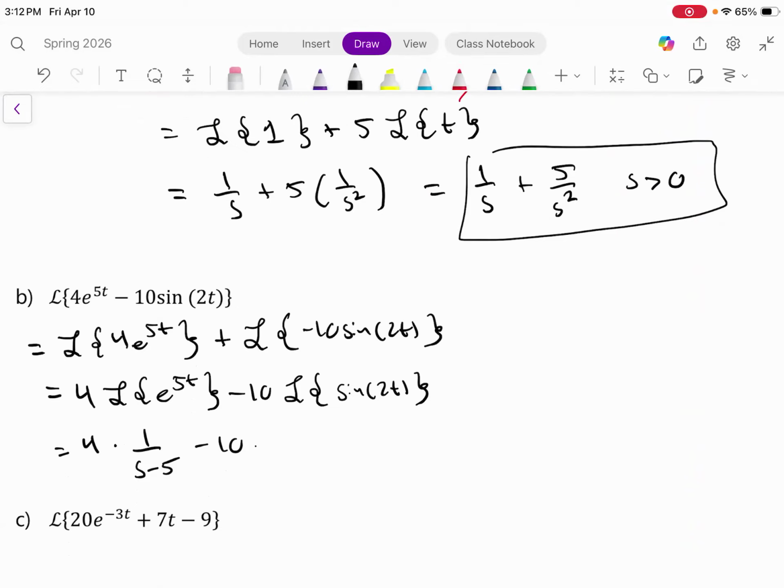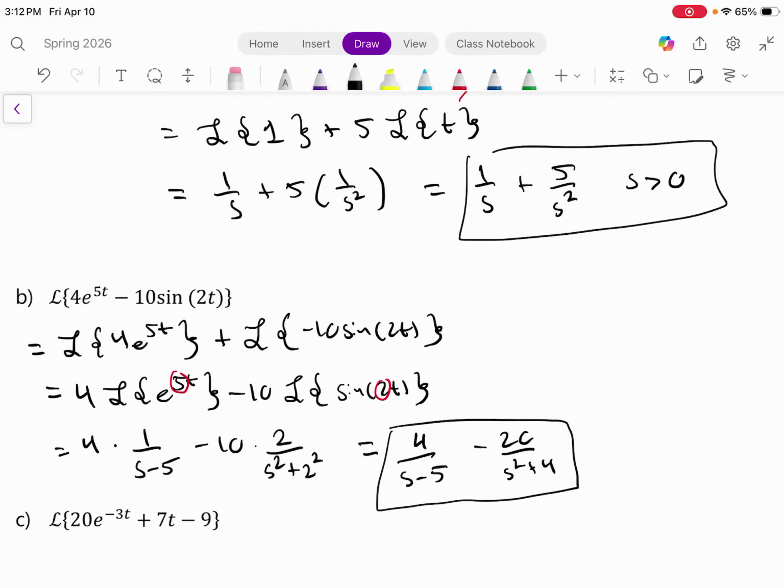So minus 10 times 2 over s squared plus 2 squared. The key indicator is whatever these are, a. And so we could simplify this: it turns into 4 over s minus 5 minus 20 over s squared plus 4. Okay, and that's our Laplace transform using the linearity property.